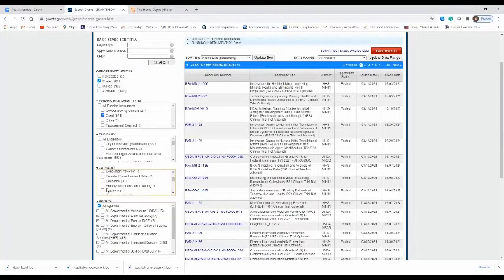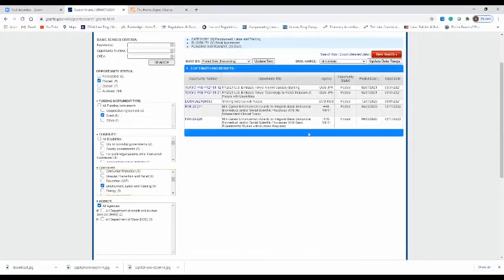Let's look at employment, labor, and training. Let's narrow that down to 5. So you'll see the opportunity number. Remember, we talked about the NOFO, Notice of Funding Opportunity. So this is the opportunity number. More often than not, the opportunity number is not a number, just FYI.